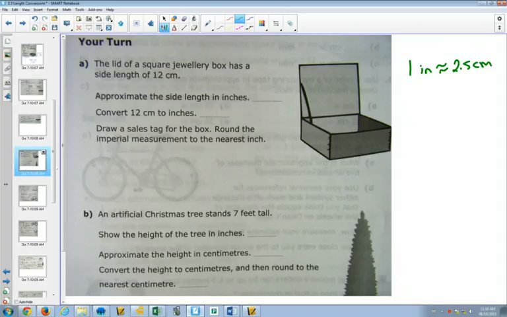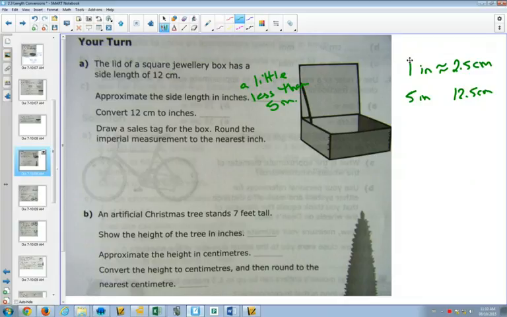Well, 12.5 centimeters is 5 inches. So my approximate is a little less than 5 inches. And you could say 4.8 or 4.9 if you wanted to, but that would be a way of estimating or approximating it. Some people would say around 5.